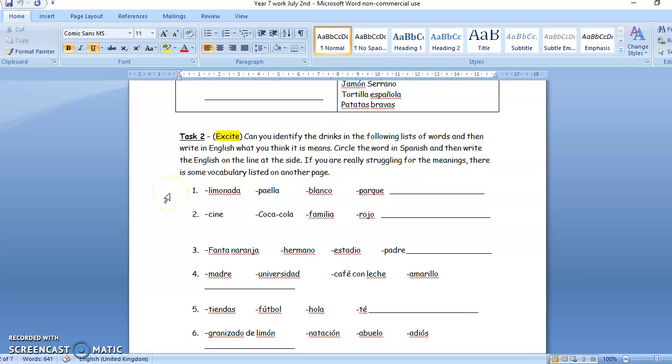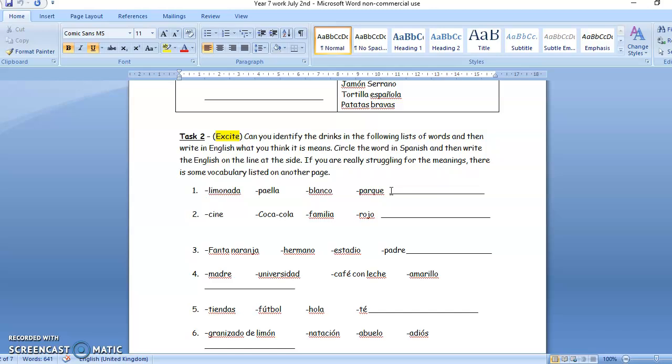So number 1, I want you to see if you can identify the drink, and then circle it.